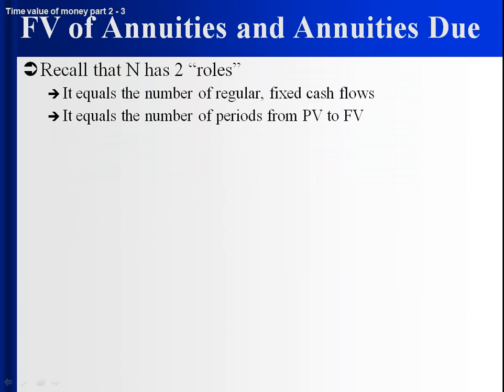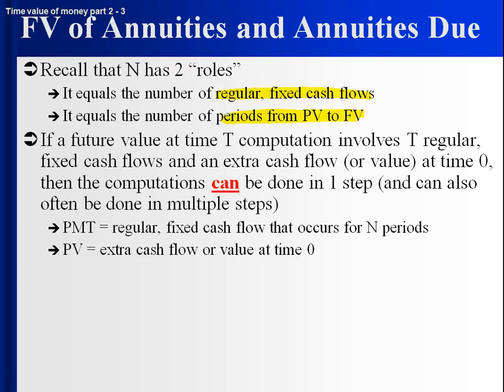Now, remember that N has two roles. It's the number of regular fixed cash flows, and it's the number of periods from PV to FV. So if we have N payments, and we have an extra cash flow or amount, often an initial amount at time zero, we can do it in one step.